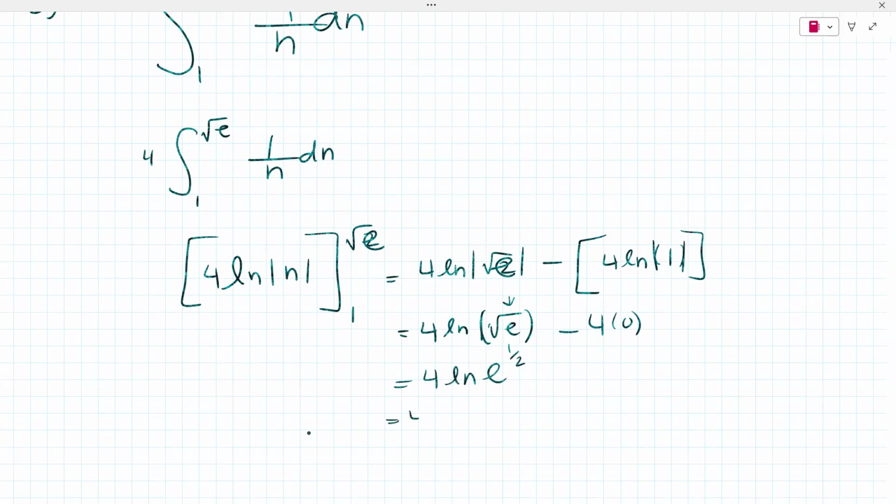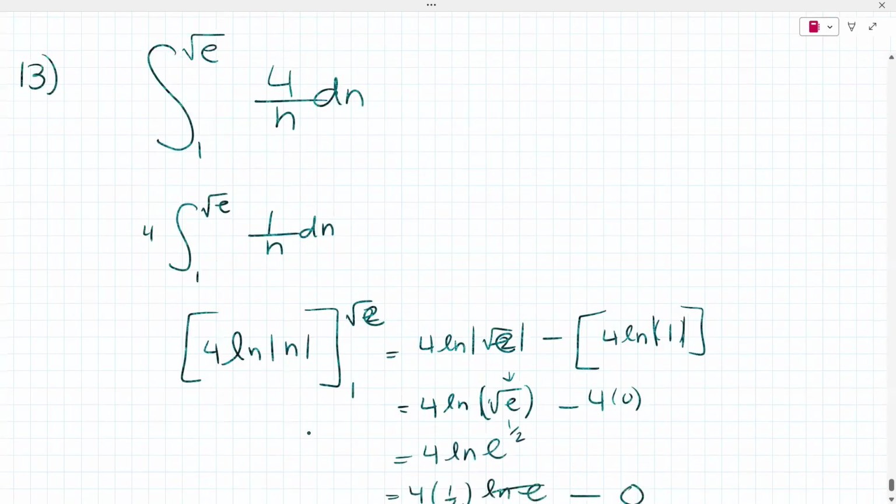So this would be 4 times 1 half of ln of e minus 0. We know that ln of e cancels, and then 4 times 1 half is 2. And that is your final answer. Okay, so that was 13, and we're going to stop here.